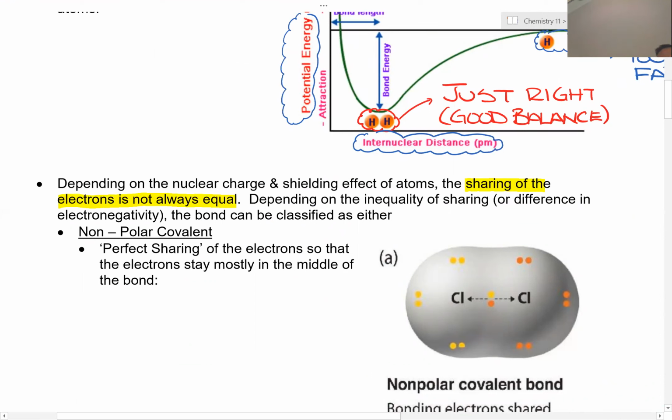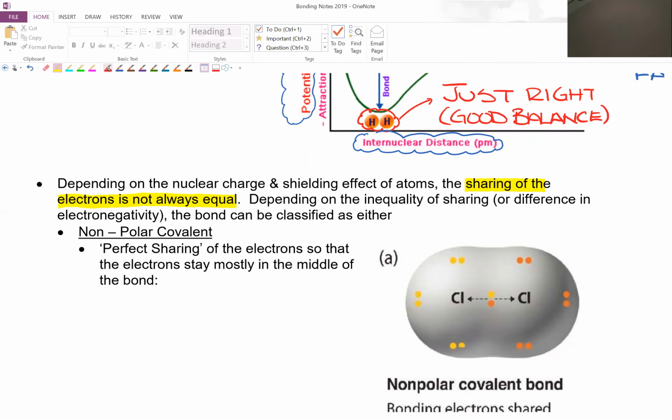Depending on the inequality of sharing, or difference in electronegativity, the bond can be classified in 3 ways. Now, what is electronegativity?